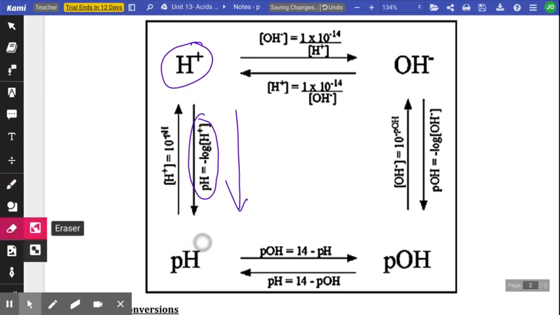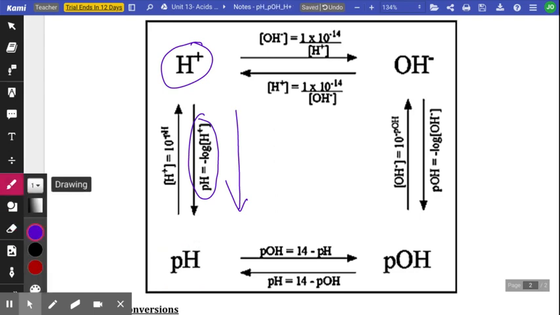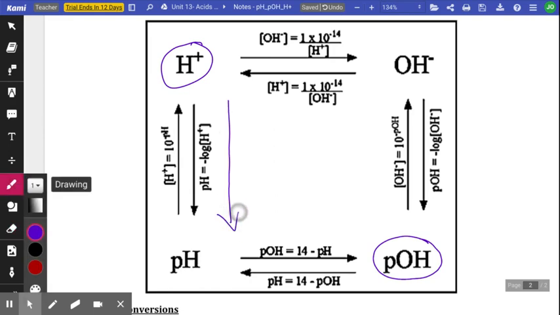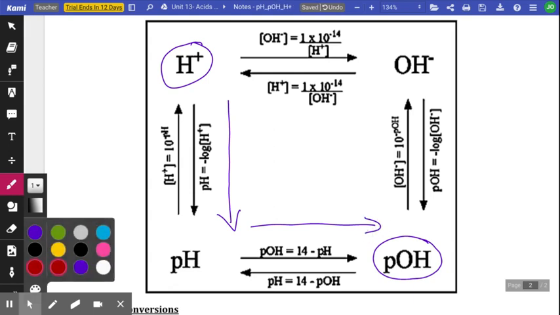This also shows you that if you're trying to go from a hydrogen concentration to the power of hydroxide, you could go from our hydrogen concentration, just like we did, to our power of hydrogen, and then go across and subtract. Or you could go from our hydrogen concentration to our hydroxide concentration and then do the negative log to get to our pOH.